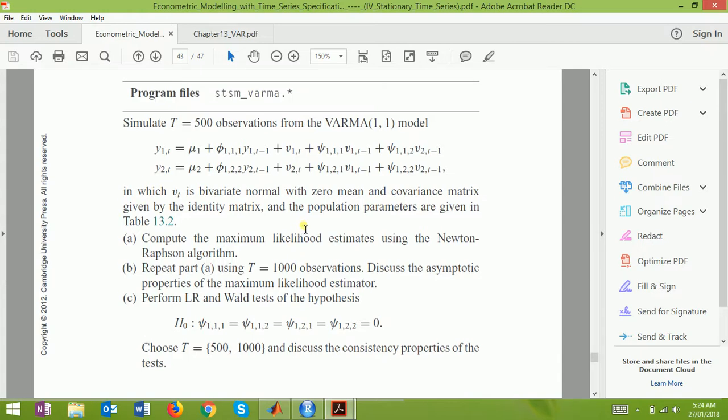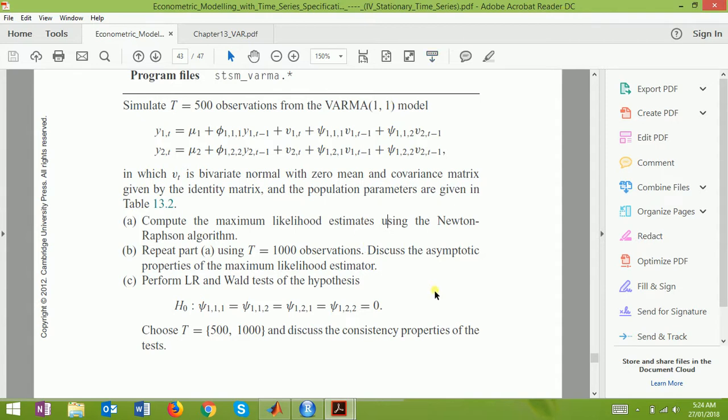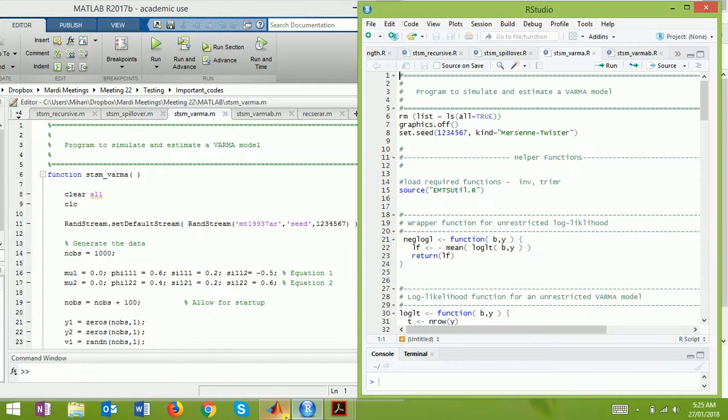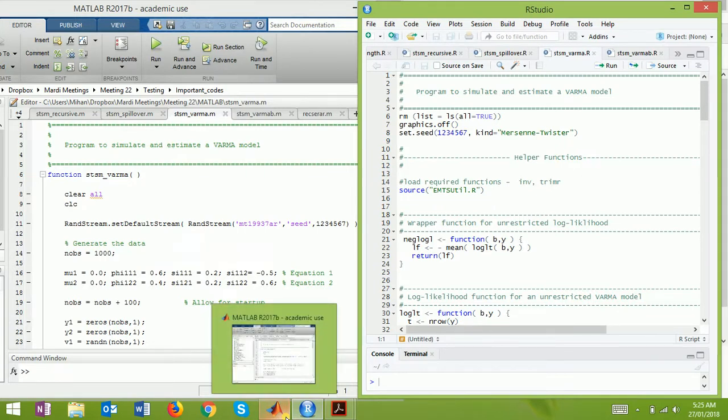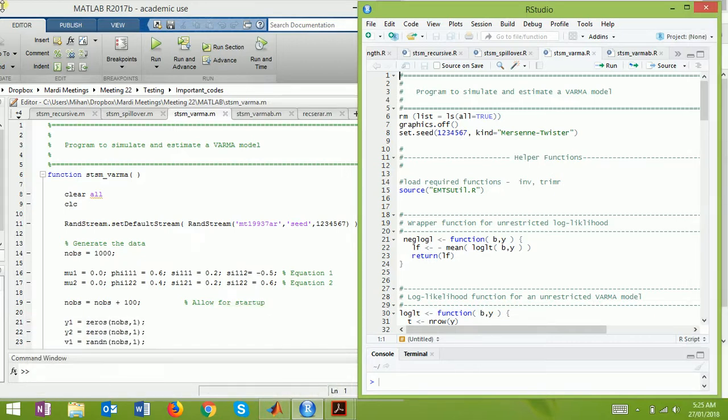We need to change our data set with reduced n and increased n, and prove the asymptotic property, which means the consistency property of the test must be proven. Okay, so let's see how this problem goes, but before that we might want to have a look if we have discussed VARMA models before.